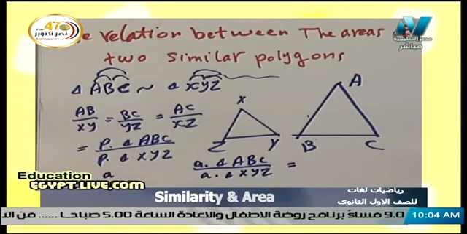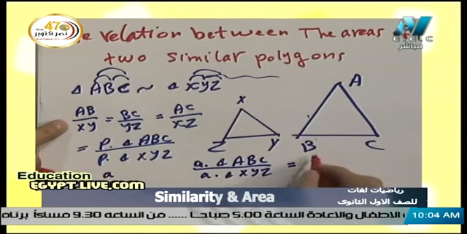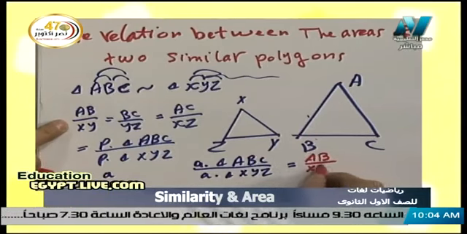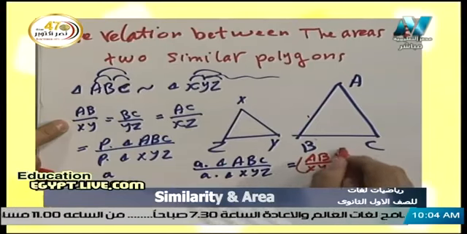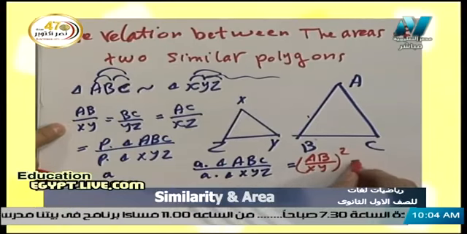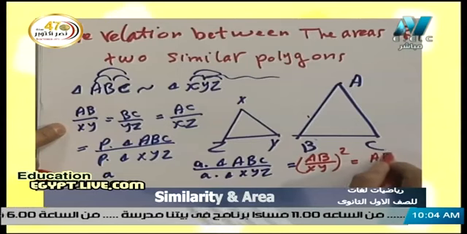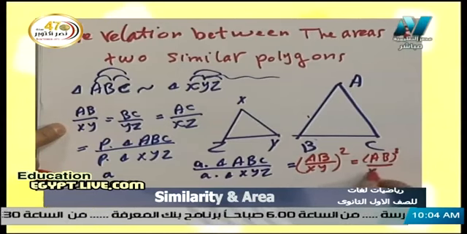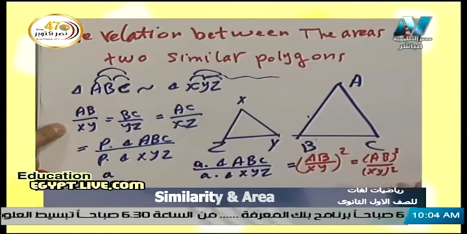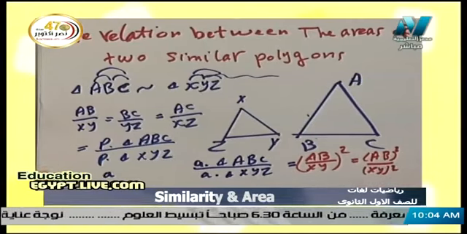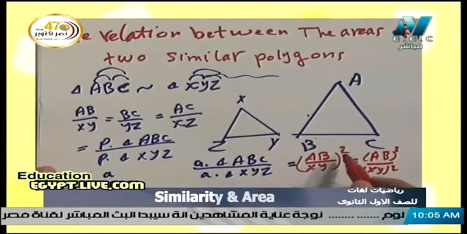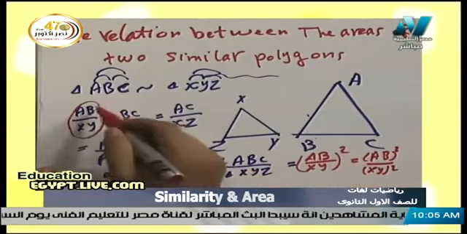We can say it equals AB over XY all power 2, or AB power 2 over XY power 2. So the ratio between the areas of two triangles equals the square of any ratio of these ratios.